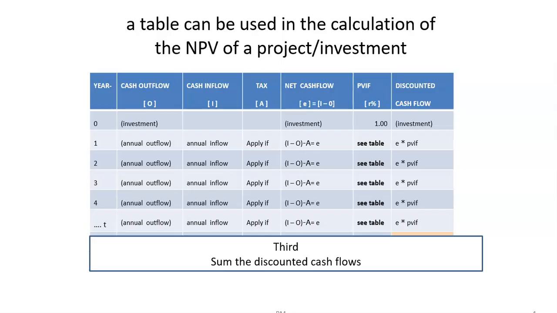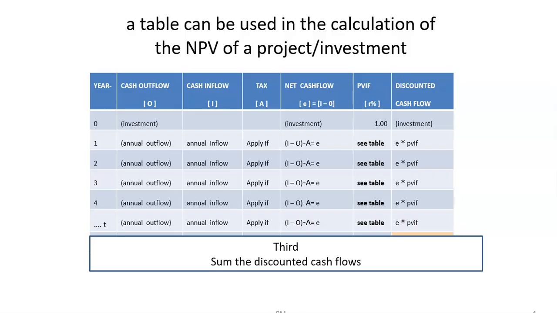Remember, it's 1 over 1 plus i raised to t, wherever specific year that is. So 1 plus i to the 0, then you add on 1 plus i to the 1 all the way down till you get down to t. So instead of going through all that trouble, you're given a table with these things already worked out.